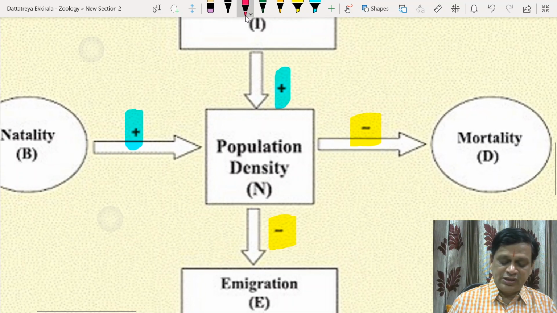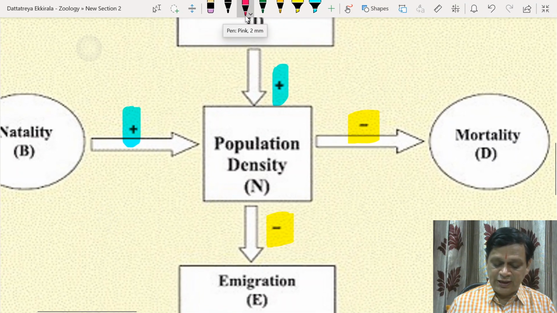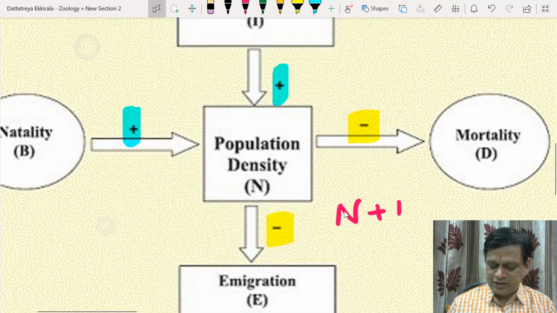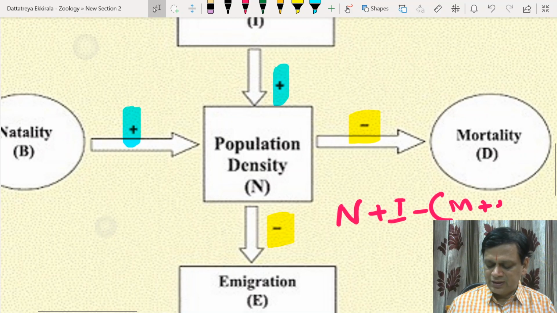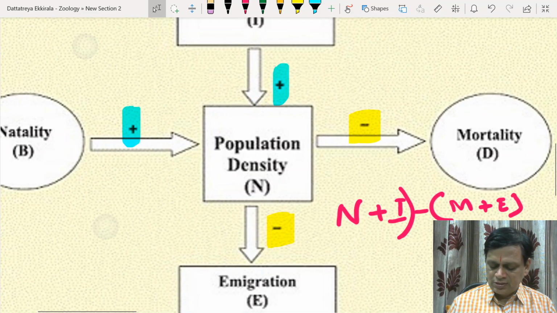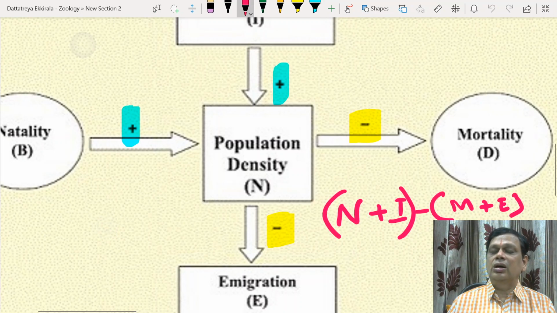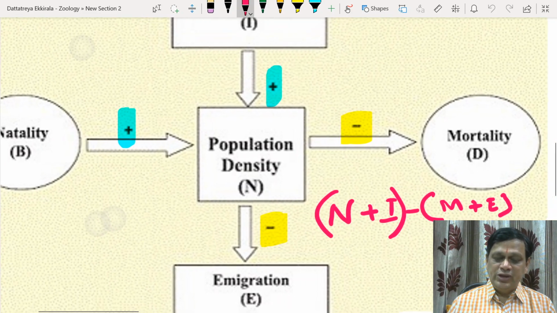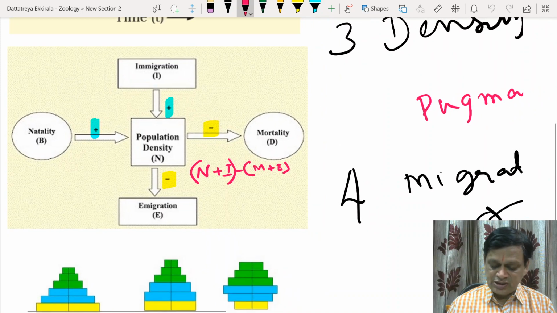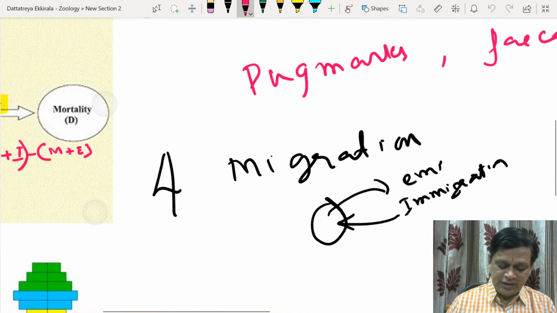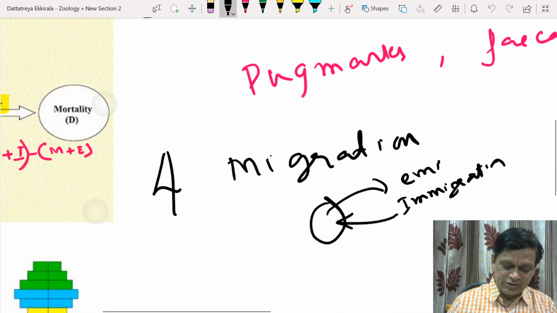So how the population is increasing or decreasing is natality plus immigration minus mortality plus emigration. Natality, how many are born, how many are coming from other areas, then how many are dying and how many are going out of this area. From this you can say whether population density is going to increase or decrease. So that is about migration.